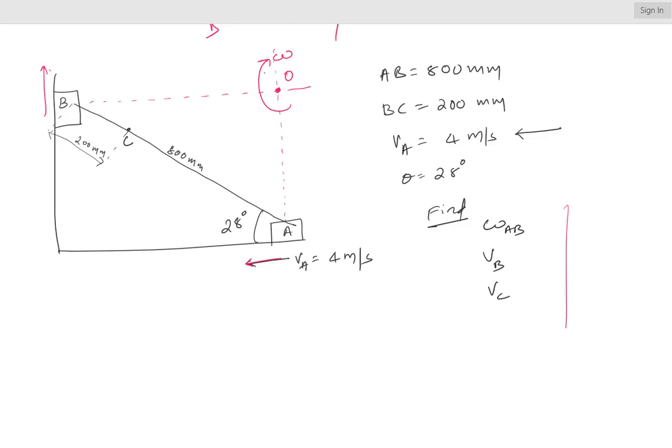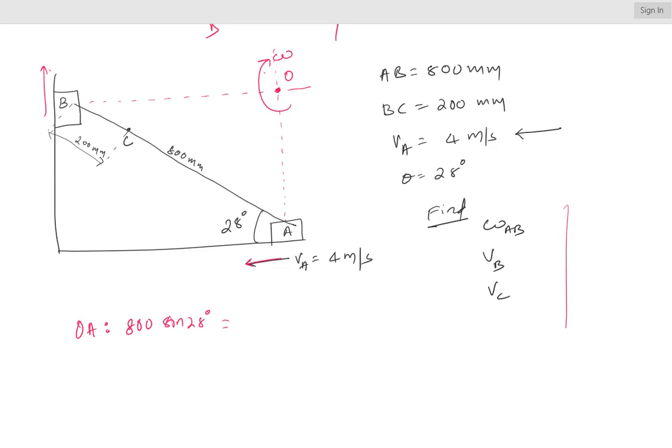So that's our omega. All right, let's do some simple geometry and find the distances. We need OA first. OA is given by 800 sine 28 degrees.